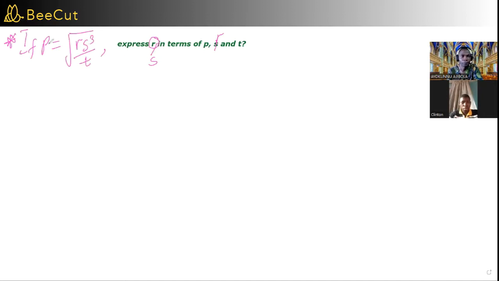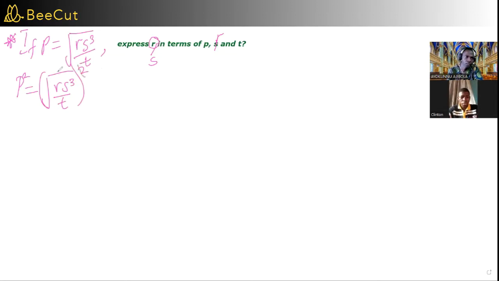So here now, because all of them are in the root, the first thing is to use a square, power of 2, to remove the square root. I mentioned the other time, if it's cube root, use power of 3. If it's fifth root, use power of 5. Now, I will square both sides, then I have this square be equal to square root of rs cubed all over t, then I will square it as well, because if I do something to one side, I must do it to the other side.